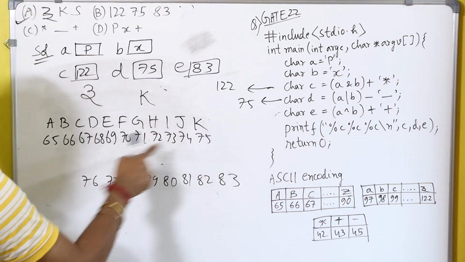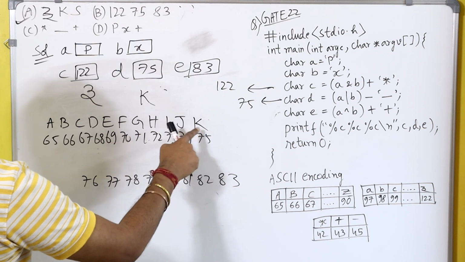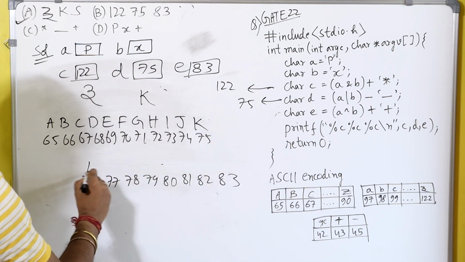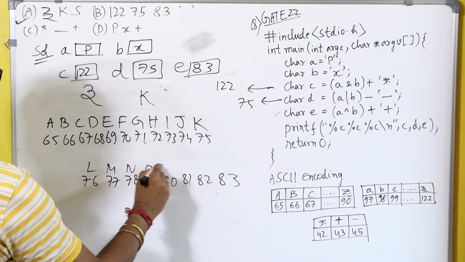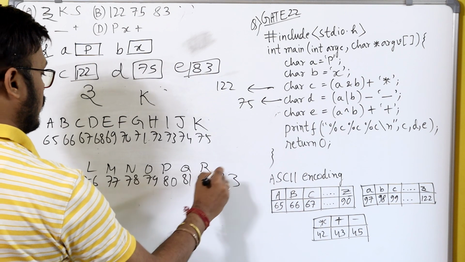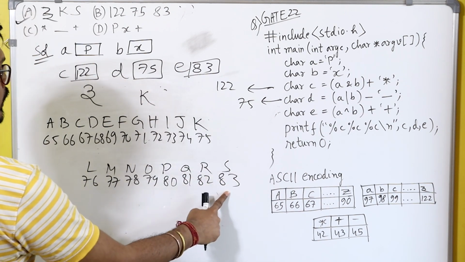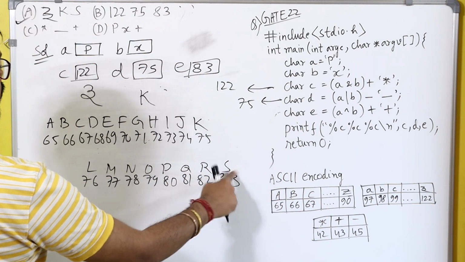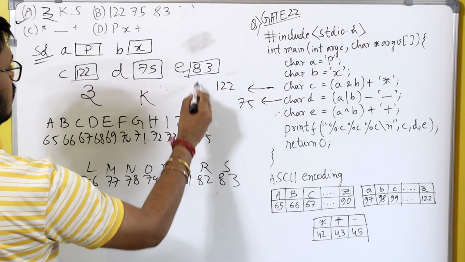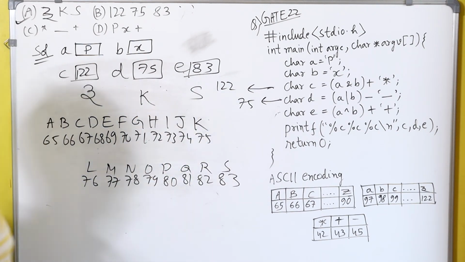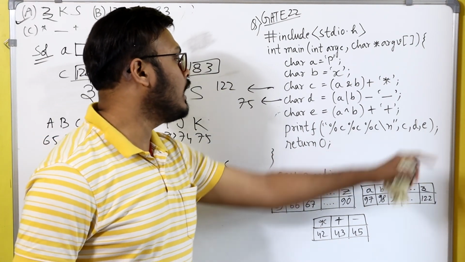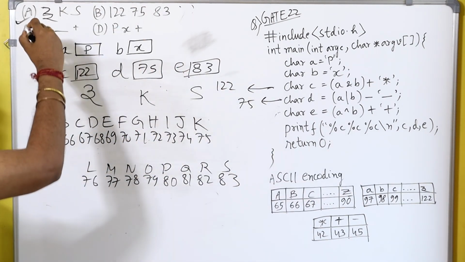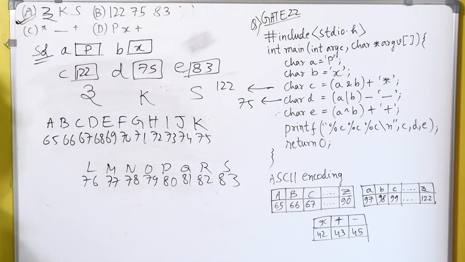So just write the characters now. Up to K I have written, now L, M, N, O, P, Q, R, S. So 83 is corresponding to the character S. So now for 83 S will be printed. So it means what? Z, K and S will be printed. So option A is the correct option. Fine. So Z, K and S will be printed.